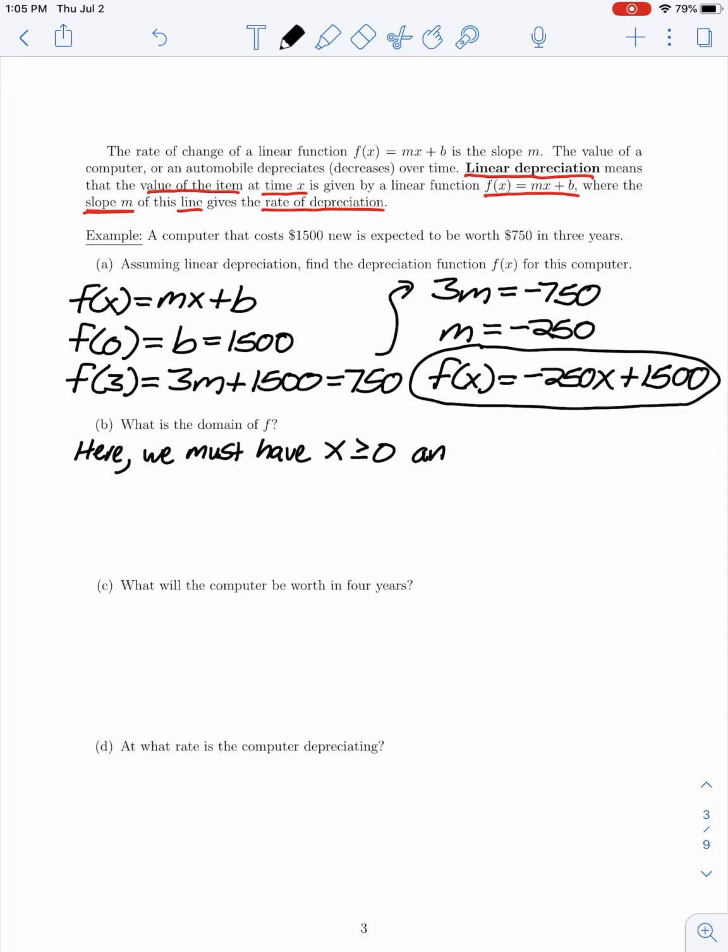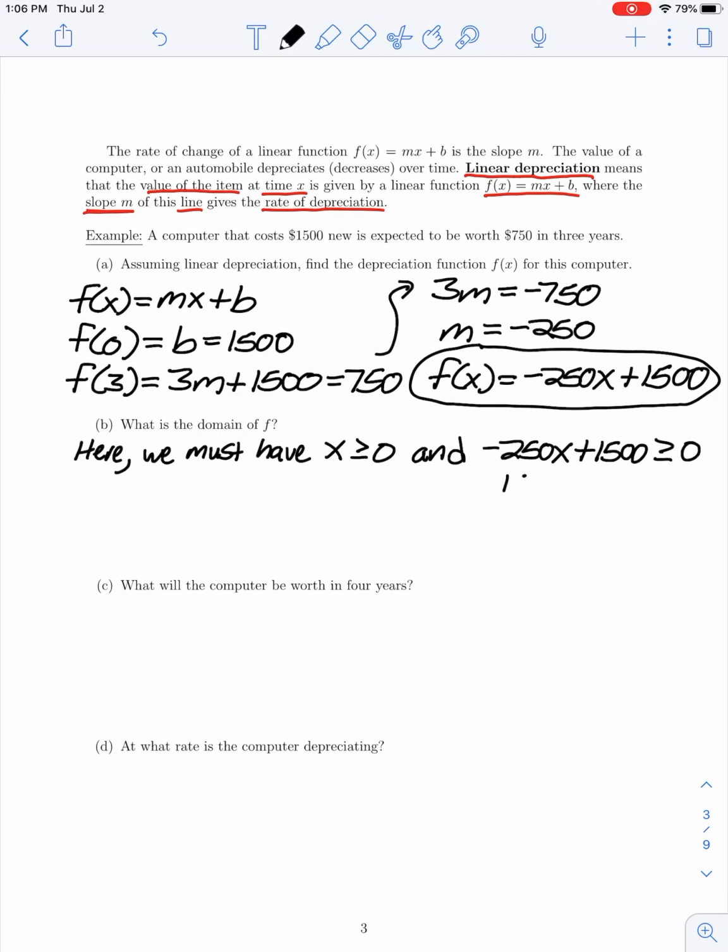And the value of this computer, or its price, which we found to be negative 250x plus 1500, has to be non-negative, greater than or equal to 0. So let's solve this second inequality for x.